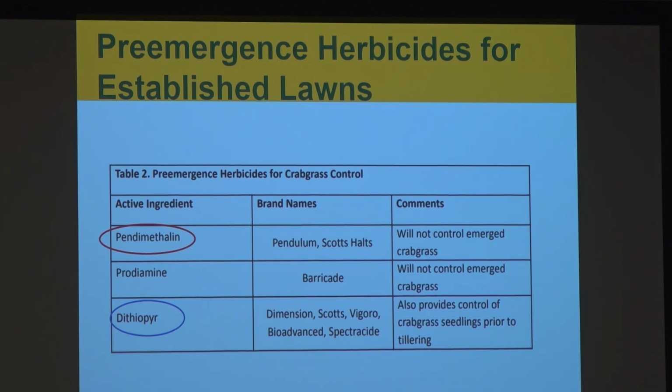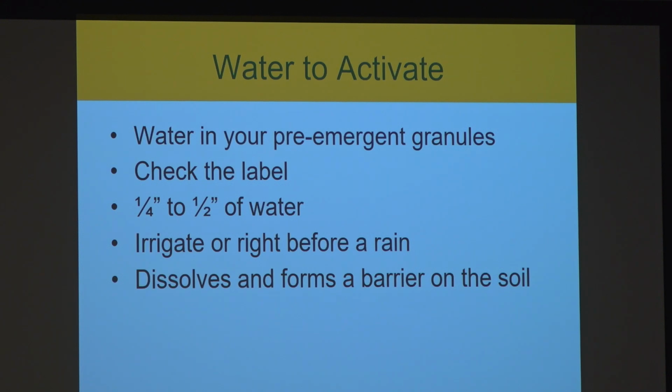So if you've kind of missed that window for the pre-emergence, you can put down dithiopyr, and that will provide some control at the crabgrass seedling stage prior to the point where it's tillering or sending off those offshoots. With our pre-emergence herbicides, you water in to activate it.